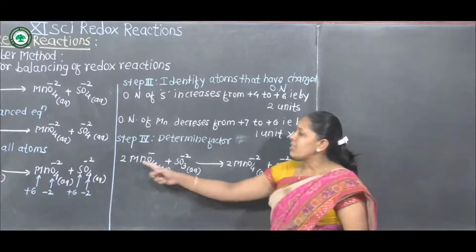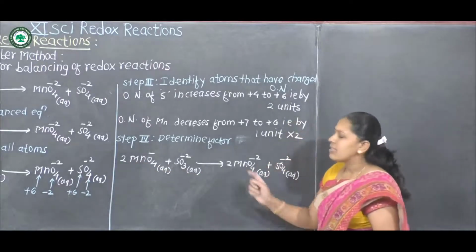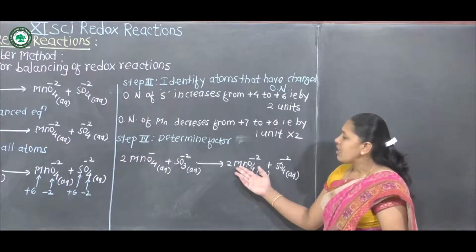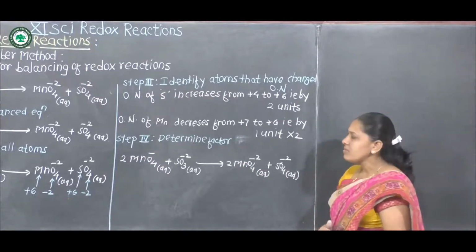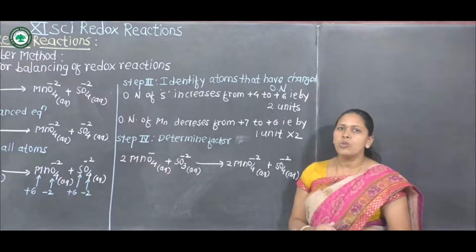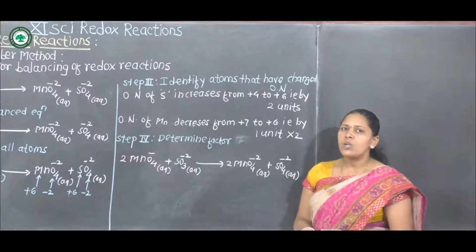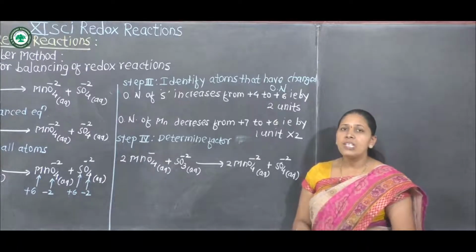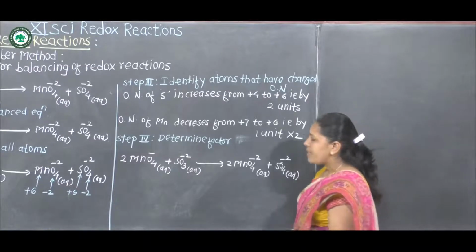By inserting coefficient 2 in the reaction, by multiplying by 2 to Mn, that will make total increase in oxidation number and total decrease in oxidation number equal.